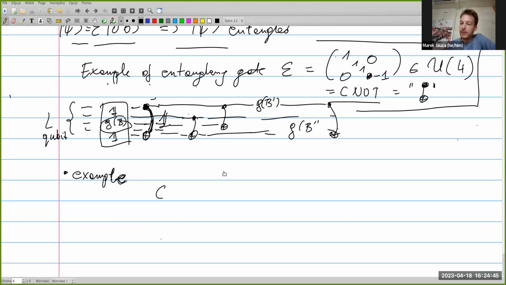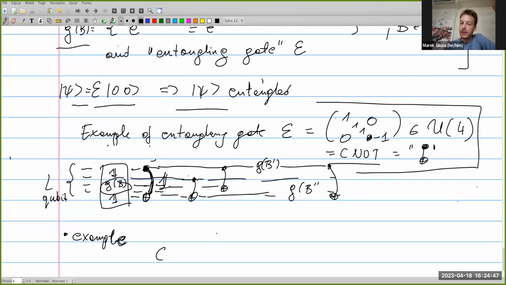There's one question in the chat. What are other entangling operations that are not a C naught? A C naught we can create. That's a good question. So CZ is what I wrote just now: 1, 1, 1, minus 1.